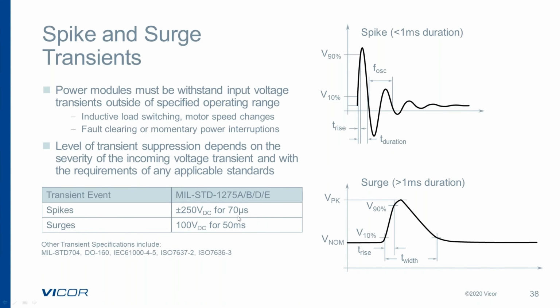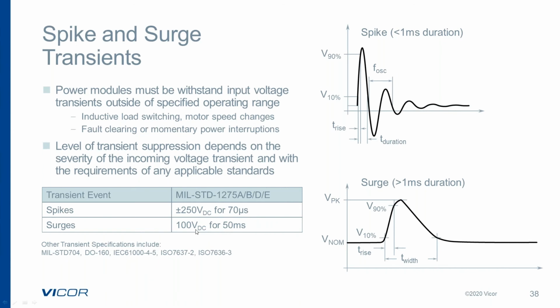So a spike is a very short duration, in this case 70 microseconds, with a maximum voltage of 250 volts. A surge is typically longer in duration, lower in magnitude. And so here we've got a 50 millisecond surge at 100 volts.